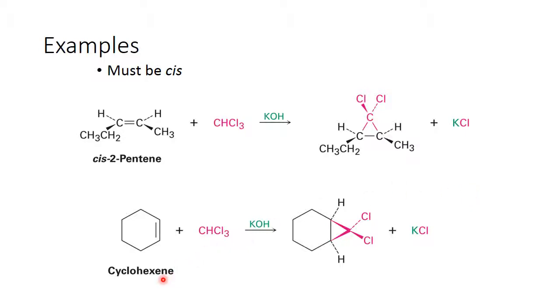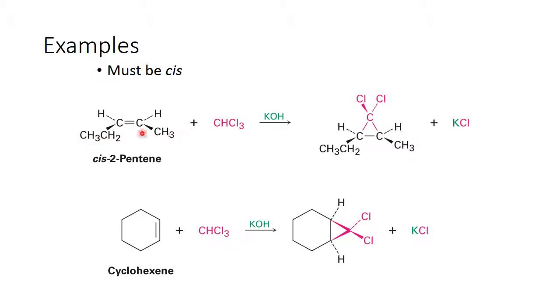Okay, if I look at cyclohexene doing the same thing, you'll see we form a cyclopropane ring, and of course there are those two chlorines on it. One thing to notice is that it must join on one side of the double bond. There is no physical way for this to bond to the other side. And the stereochemistry of the alkene is preserved.